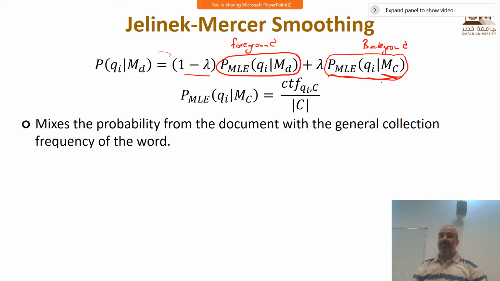But remember, there is also a part in the document. There are two components here. That's why it's a mixture of two models. It's actually linear interpolation, if you look at it: 1 minus lambda and lambda. It's linear interpolation between two language models. One is the document that we want to score, and the other is the background model, the entire collection. So even if you get higher, you will never get a very high score from the collection model because the collection is huge. You assume that you have a big collection, right?